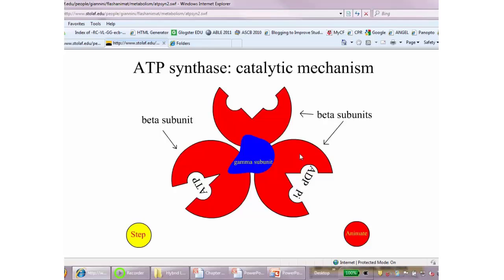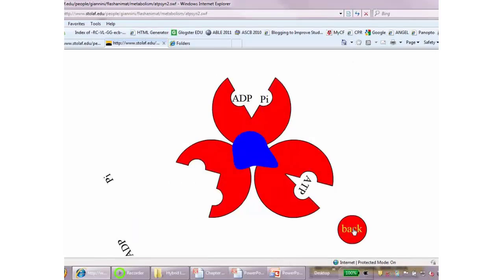But this enzyme has 3 subunits that do essentially the same thing. Each one of them can accommodate 2 substrates. They can bind ADP and they can also bind phosphate. As that rod turns in the middle, it's going to cause this active site to change shapes so that it forces the ADP and the phosphate together.